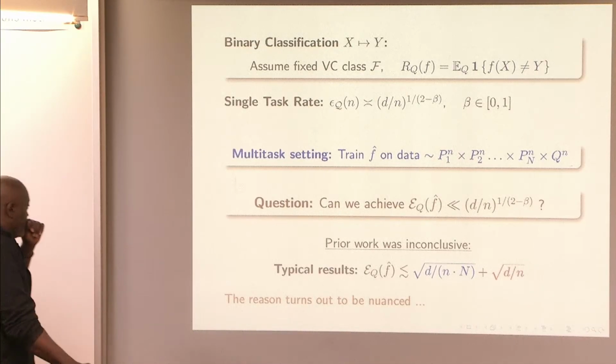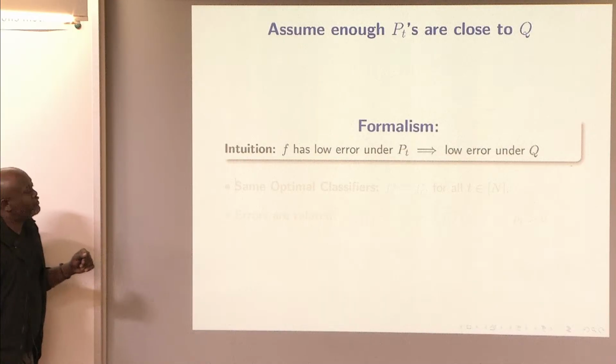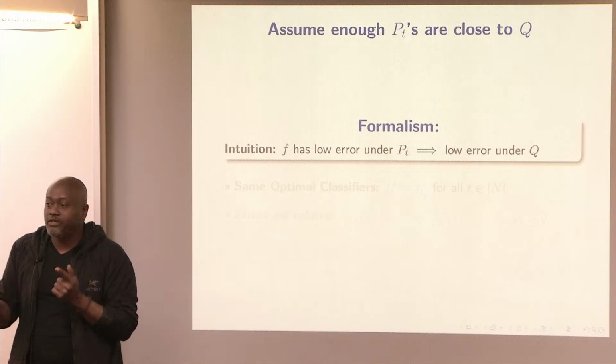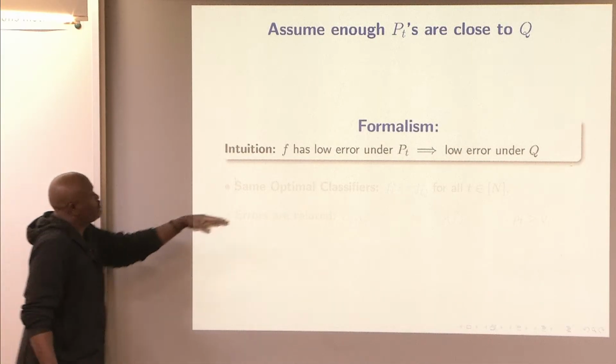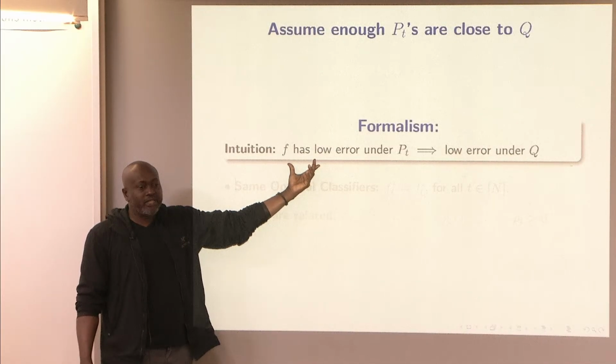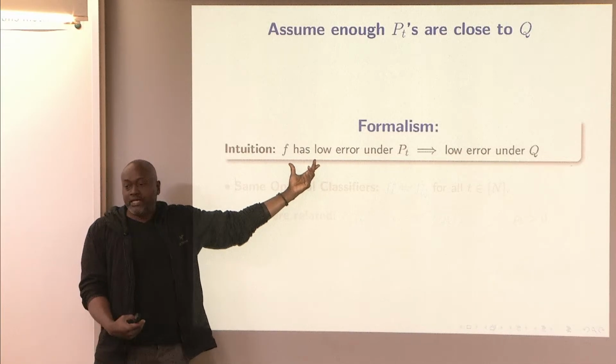Fine. All right, so here's the formalism. First, I need to formalize the relation between P_T and Q. The way we're going to formalize that is using this basic intuition as to why I'm using the source data anyway.